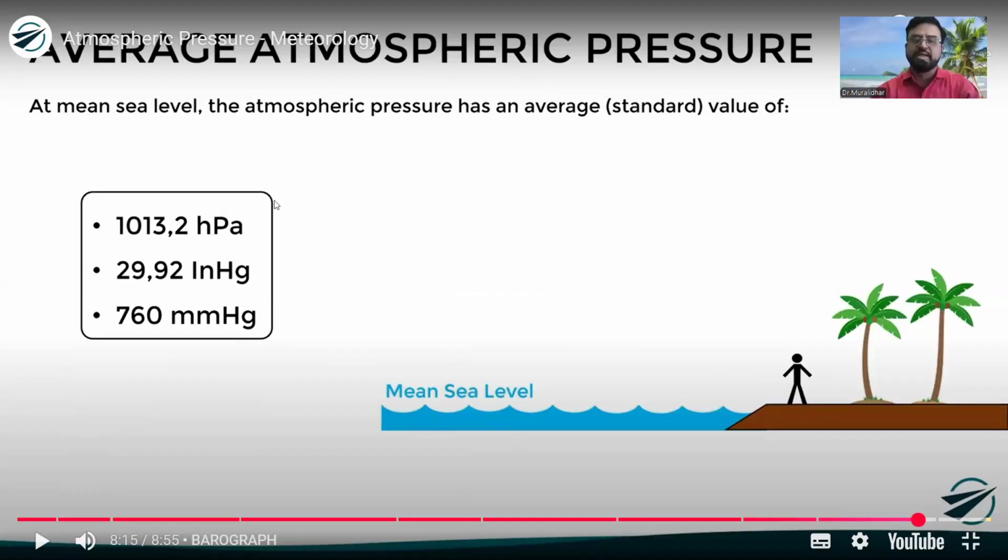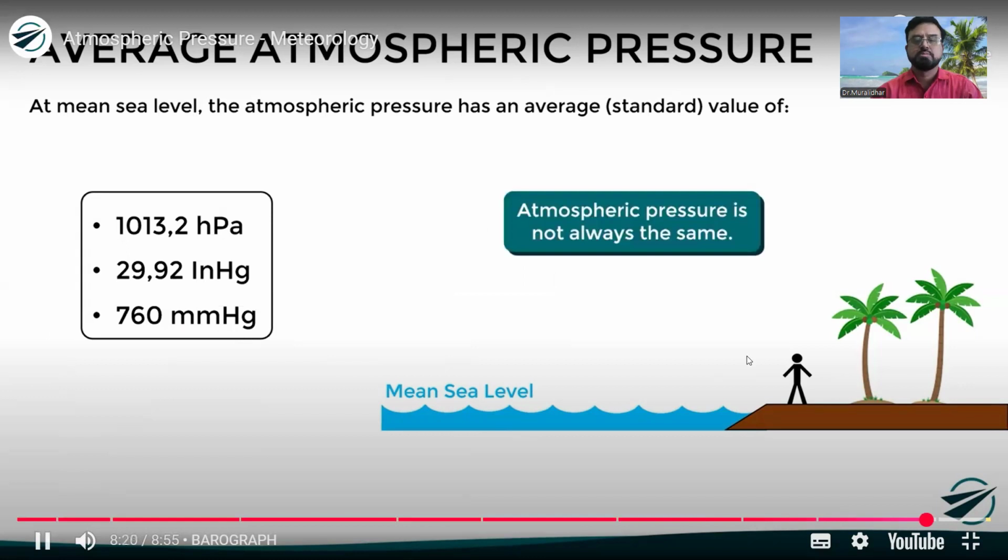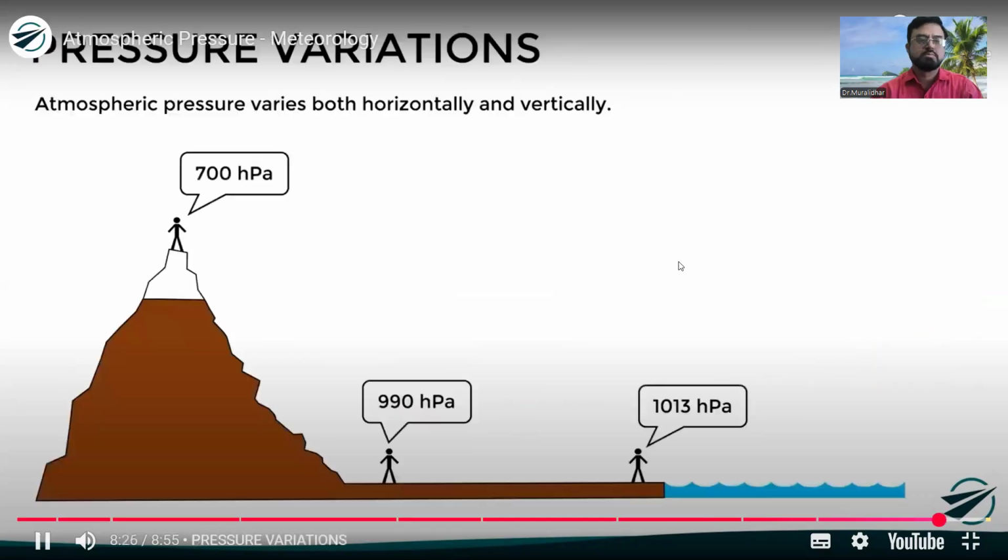However, we must keep in mind that the pressure is constantly changing, and therefore these are reference values only. Actually, atmospheric pressure varies both horizontally with distance and vertically with altitude, but we will deal with that in a following video.